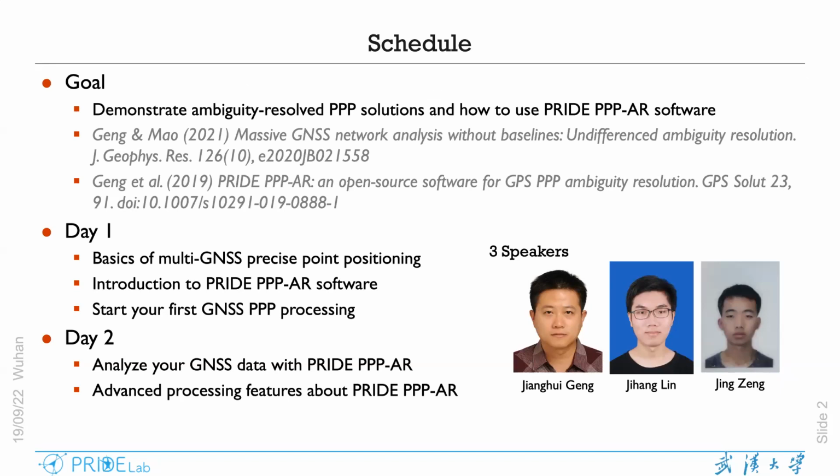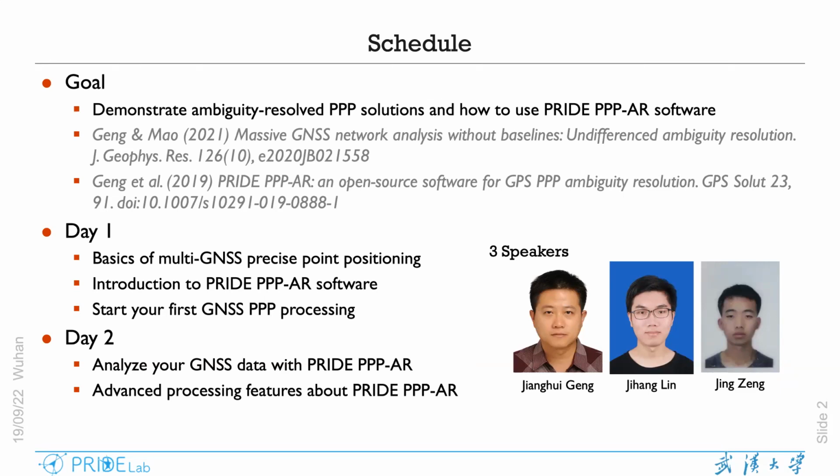The second one will be the introduction of the PRIDE PPP-AR software, with some demonstration on the installation and some prerequisites for using it. The third one is to start your first GNSS processing using some basic data, without a lot of difficulties in managing or preparing the data.